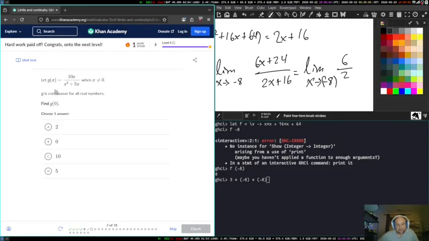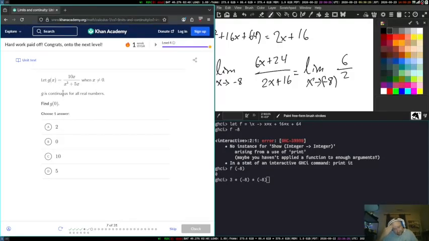G of x. G is continuous. Oh, I see. So you have a function that has this property except at 0, so it's another way of asking what the limit is.